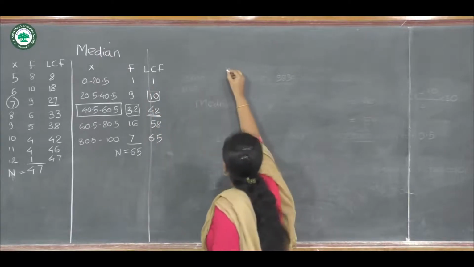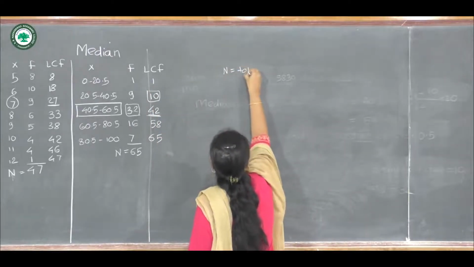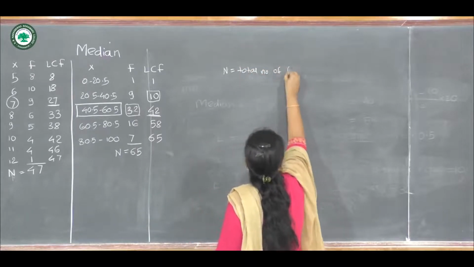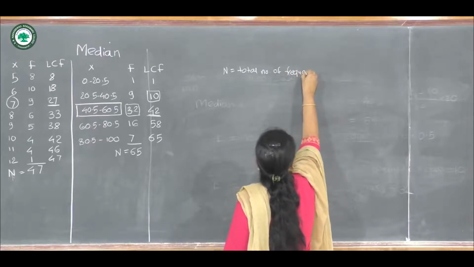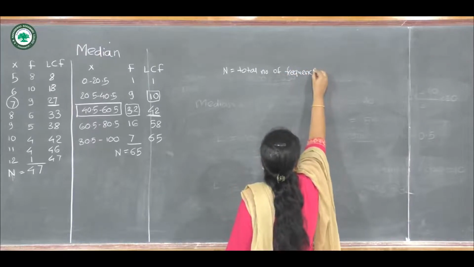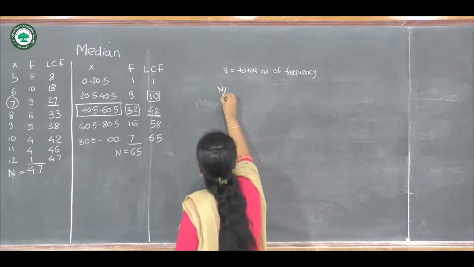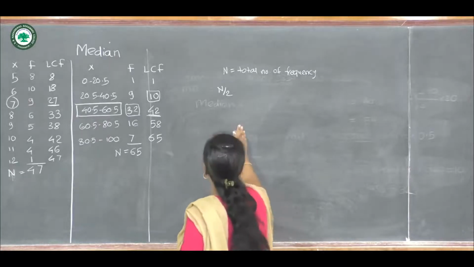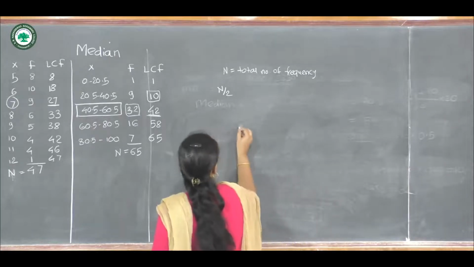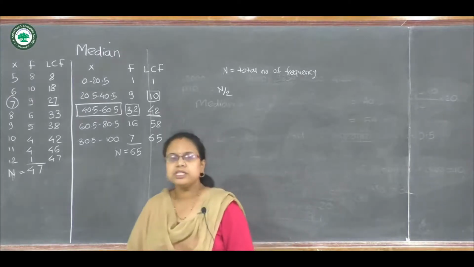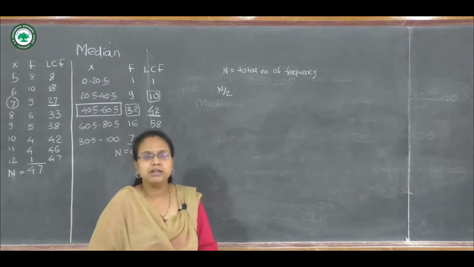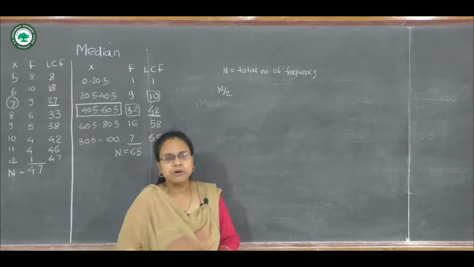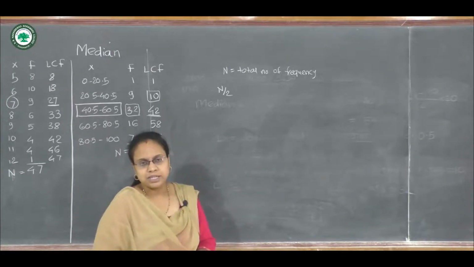If n is the total number of observations or total number of frequencies, then first calculate n upon 2, means total frequency divided by 2. Then we draw the less than cumulative frequency curve, the ogive curve, by taking upper limits on the x-axis and corresponding LCF on the y-axis.